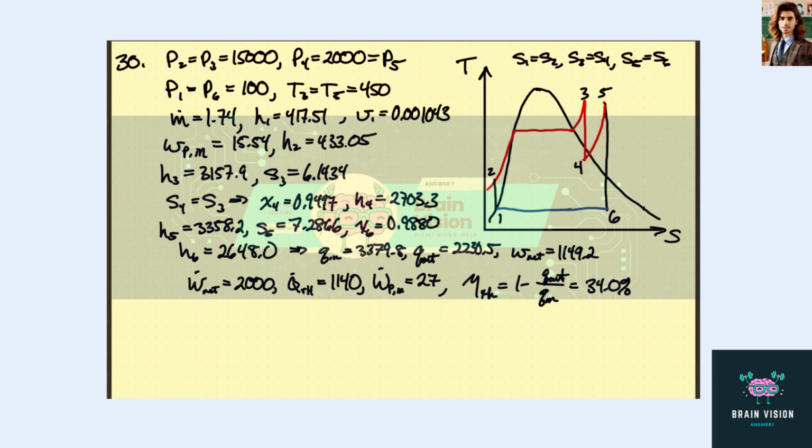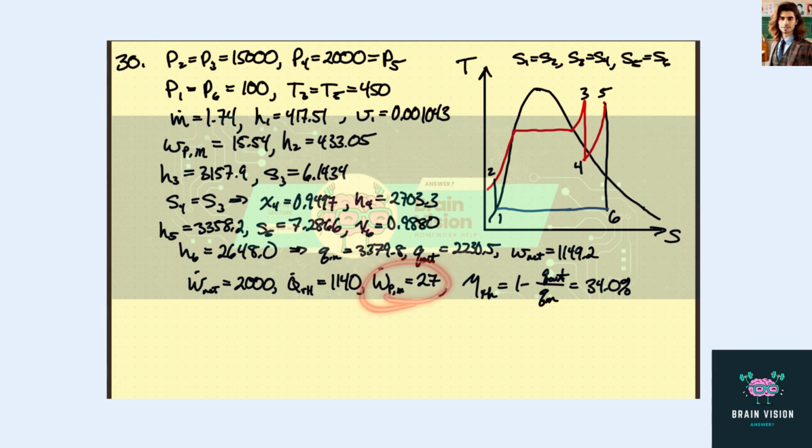So the specific heat flow in to the reheat section is H5 minus H4. Then multiplying it by the mass flow rate, we get an energy into the reheater of about 1,140 kilowatts.